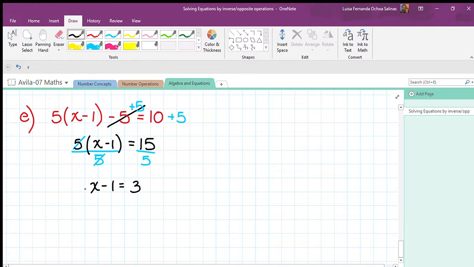Okay, and what else is happening? What is the last thing that is happening to the pronumeral? It's getting subtracted 1. So how do I undo that one? I add 1 on both sides, which means that I can cancel this one out, and this becomes x equals 4. And that's your answer.